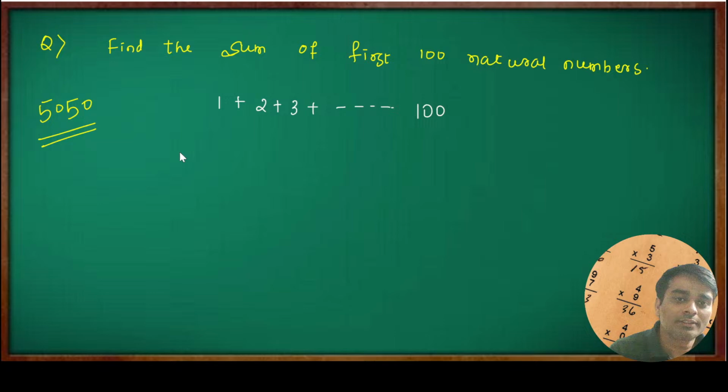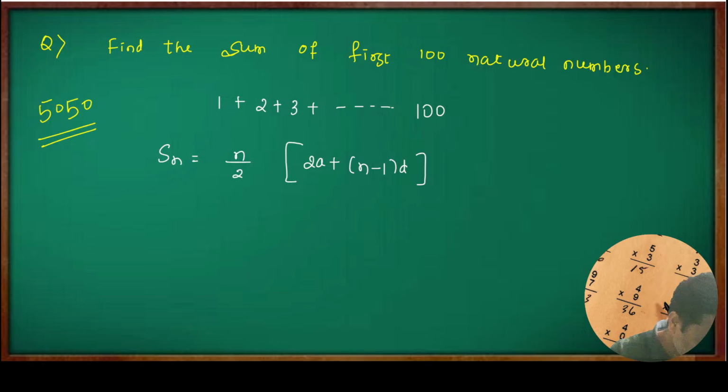So the formula is Sn equal to n by 2 into 2a plus n minus 1 into d. Jivita, 1050.